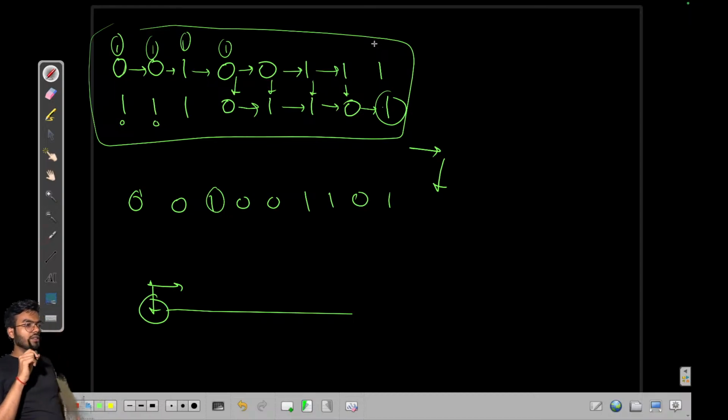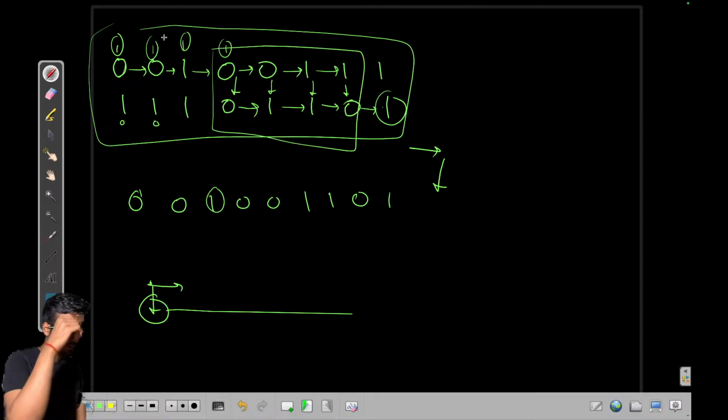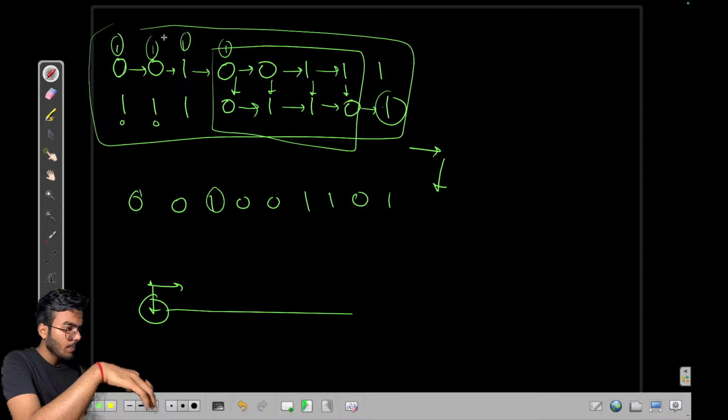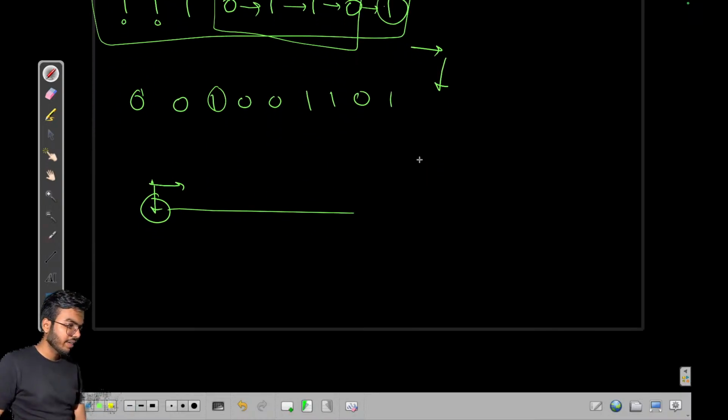I think there is a pattern. I think it is simple and I'm just complicating it. 0 0 0 0 1 1. Okay, so the answer is surely 0 0 0 1. Okay, 0 0 1 1.